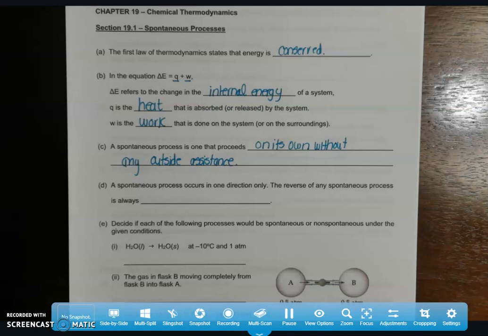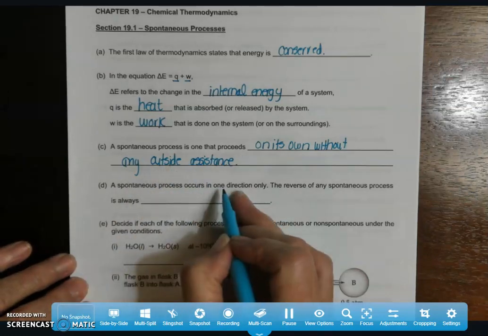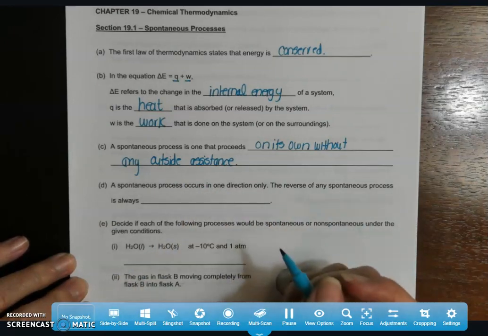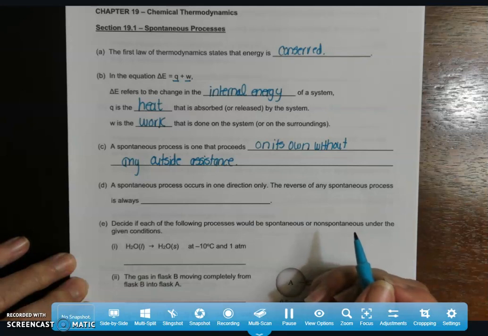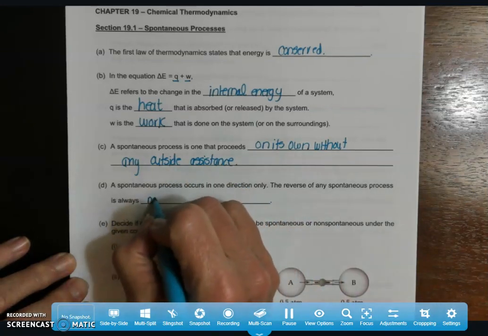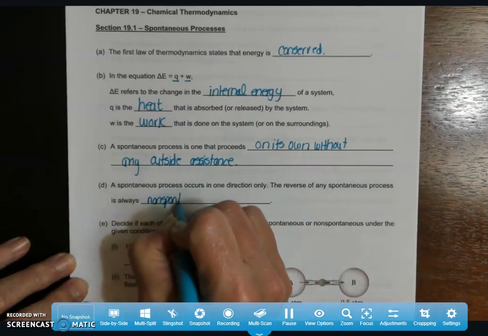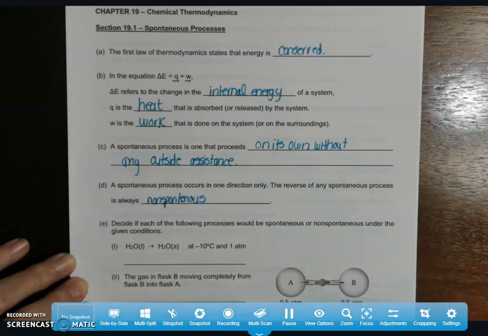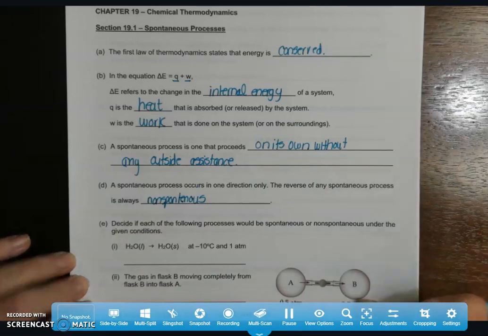I'm leaving it, and it will either occur or not occur. A spontaneous reaction, if it's reversible, occurs in only one direction, because if it's spontaneous in one direction, then it has to be non-spontaneous in the other direction.